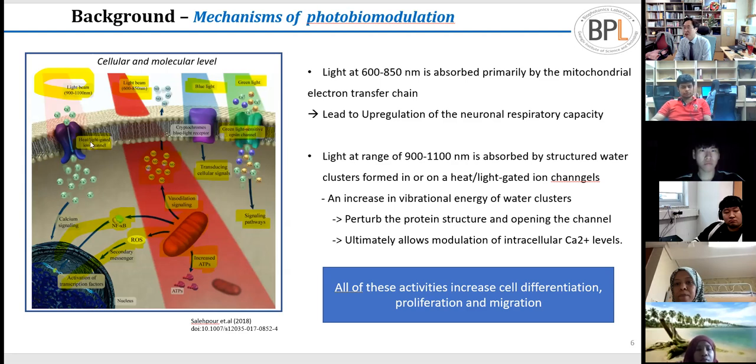Cells have either heat-gated or light-gated ion channels in this wavelength. So by giving this 900 to 1100 nanometer light, it can activate this ion channel and then trigger the signal process of calcium signaling. And then it can also promote transcription factors.